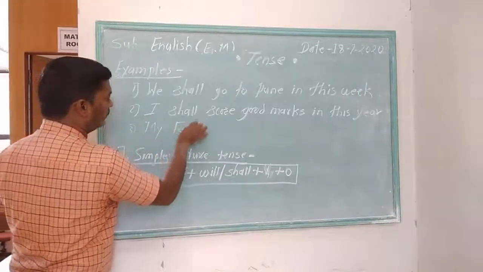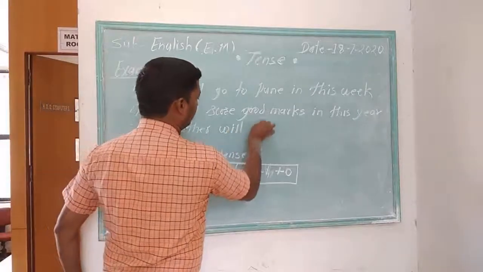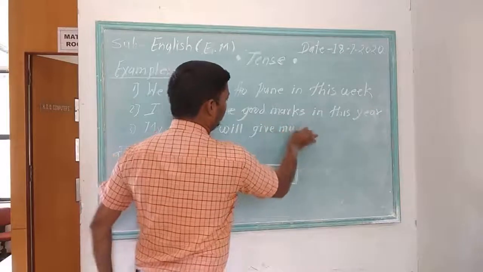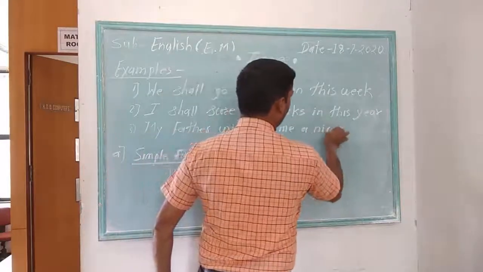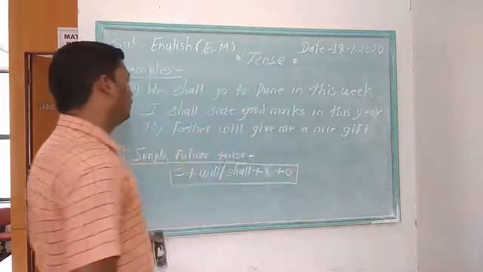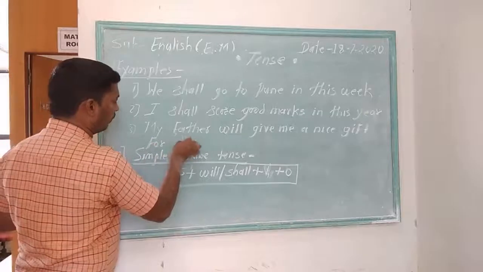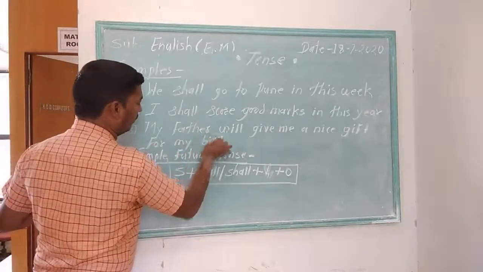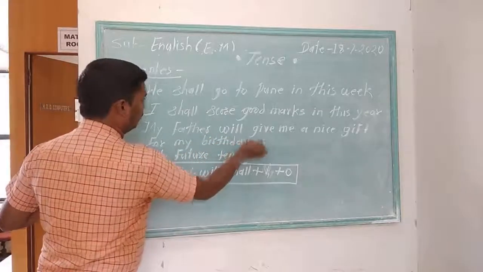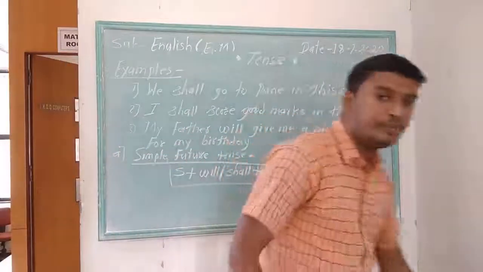My father will give me a nice gift for my birthday. These are the examples of simple future tense.